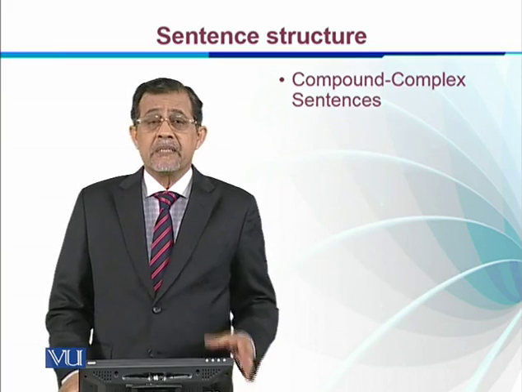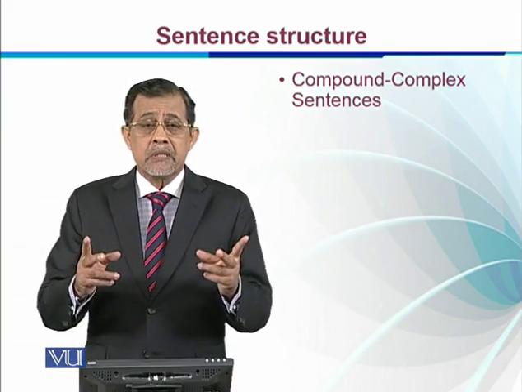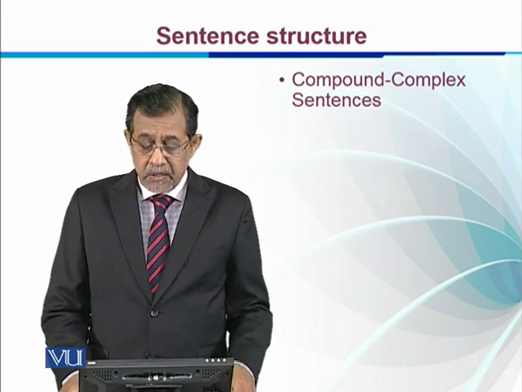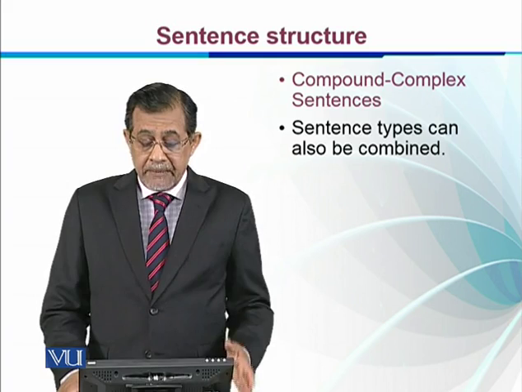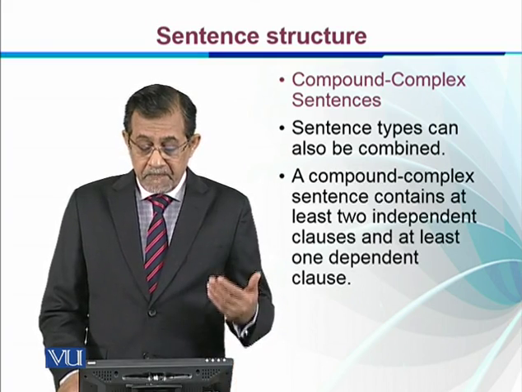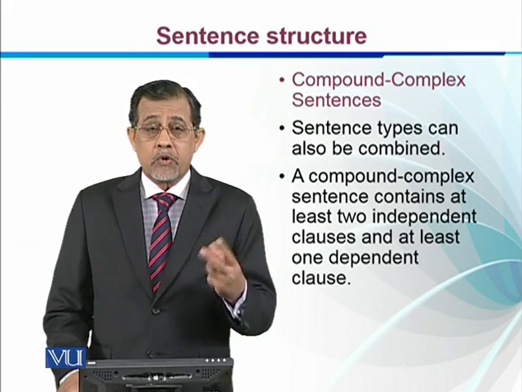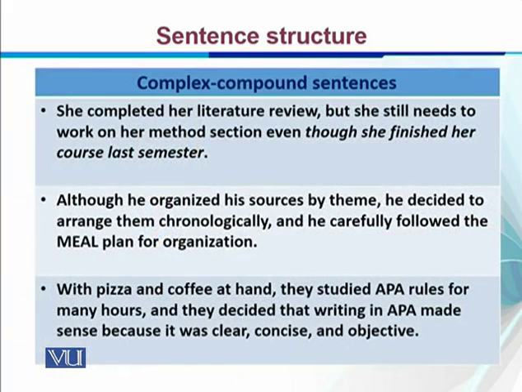Compound-complex sentences. We talked about compound sentences, with two or more independent clauses, and complex sentences, and these sentence types can also be combined. A compound-complex sentence contains at least two independent clauses and one or more dependent clauses. She completed her literature review. It's an independent clause.